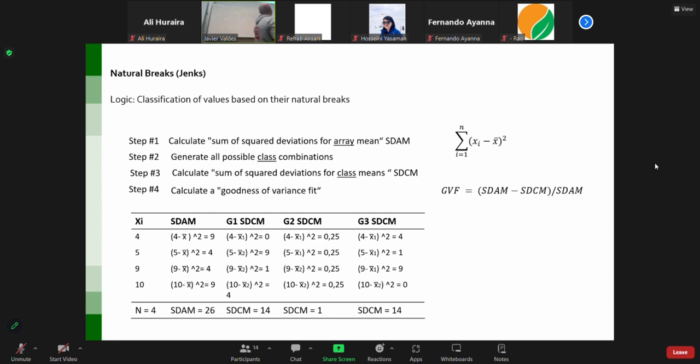And now the only thing that I need to do is to calculate the goodness of fit. How good do I fit? So I take SDM, which is 26, and for each one of the combinations, I calculate that number. Do you understand?